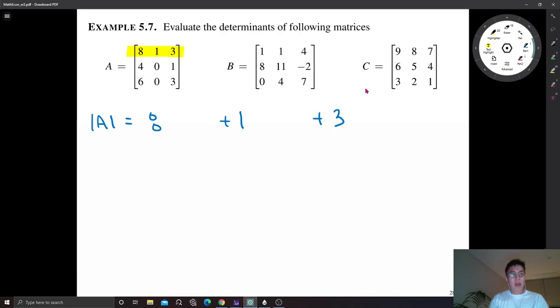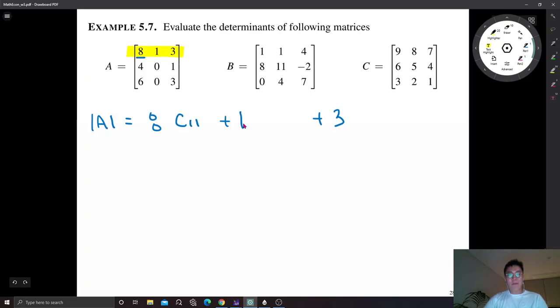The cofactor associated with the number 8 is C sub 1, 1. We have to eliminate this row and this column in order to compute the cofactor.